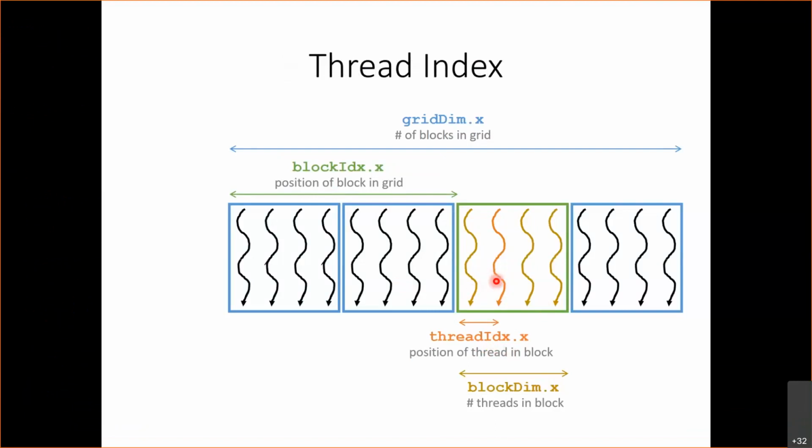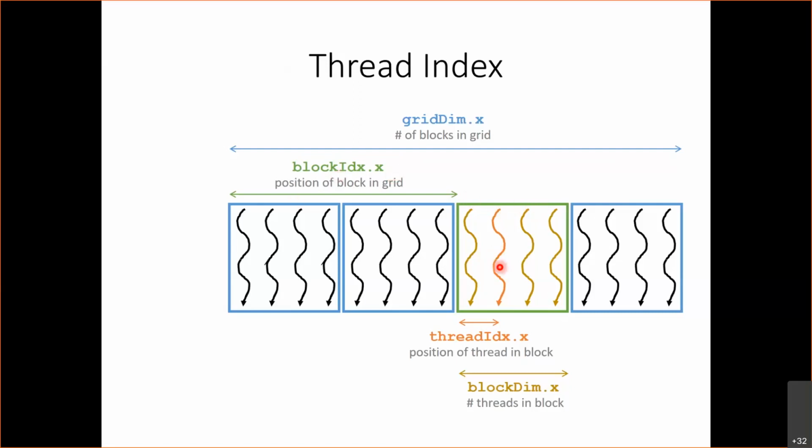Okay, so here for this orange thread, if the orange thread reads griddim.x, the value will be 4 because we have 4 blocks in the grid. If it reads blockindex.x, the value will be 2 because the index of its block is 0, 1, 2.